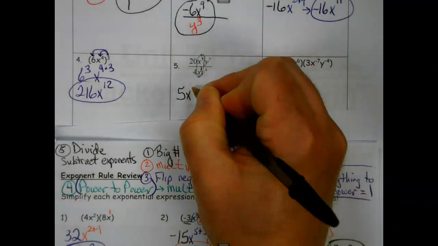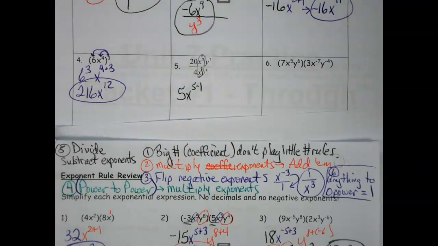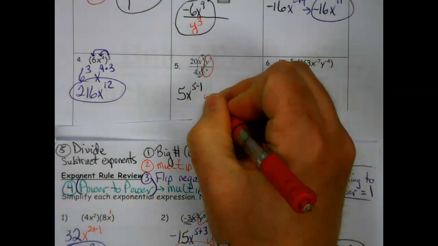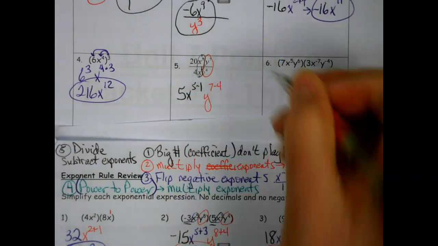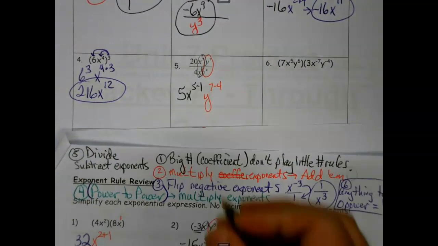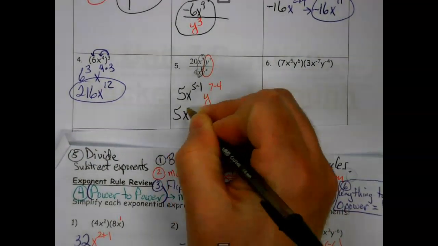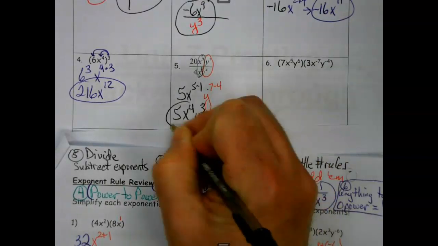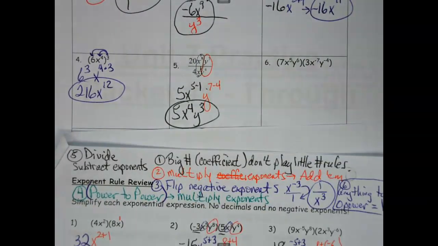So we got 5 minus 1 for x. We've got 7 minus 4 for y. And again, I still have to simplify it. And we're set.